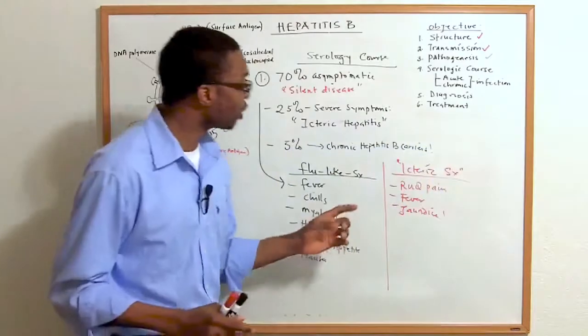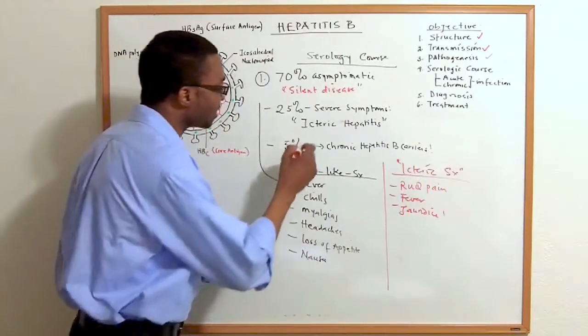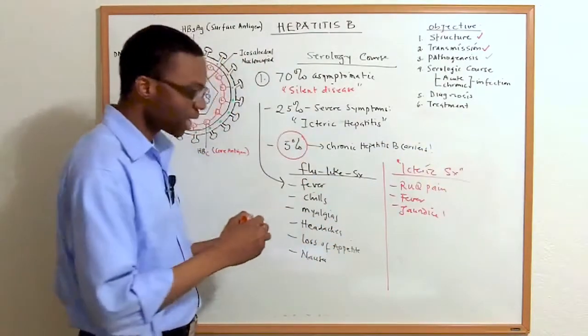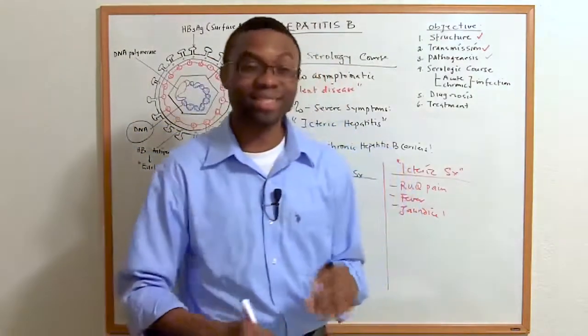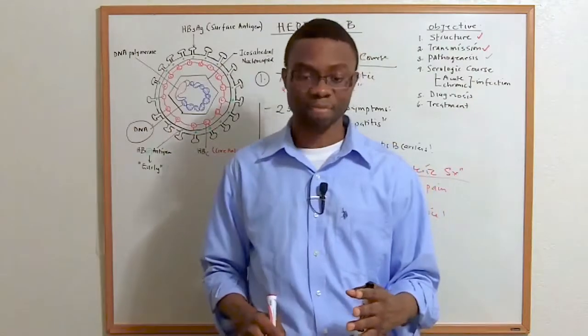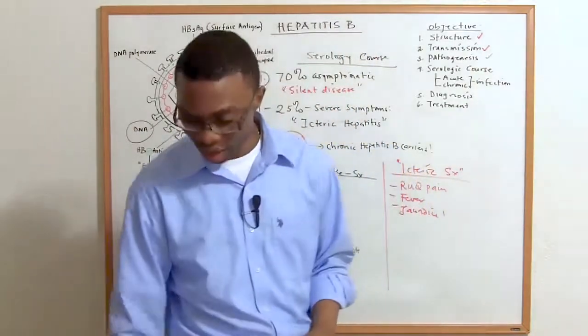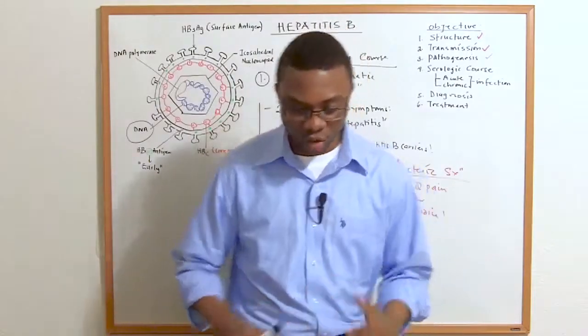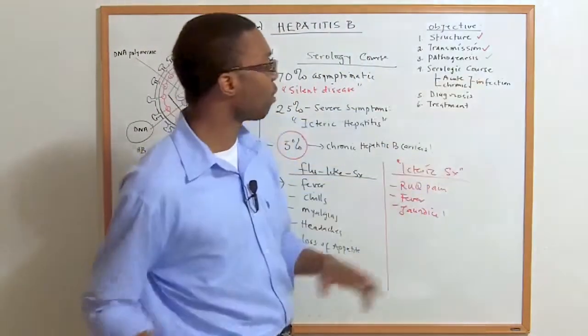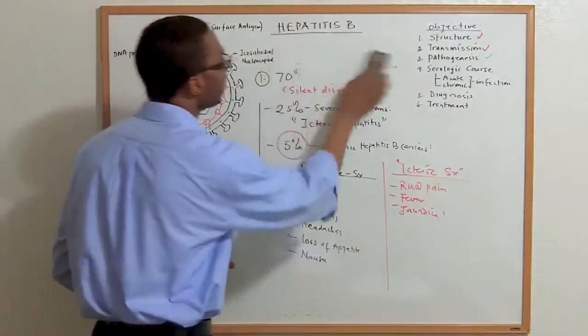But unfortunately, because 5% of people can progress to chronic hepatitis B, that is why this is a serious disease. So now we need to draw out a graphical representation of the serologic course of an acute hepatitis B infection.